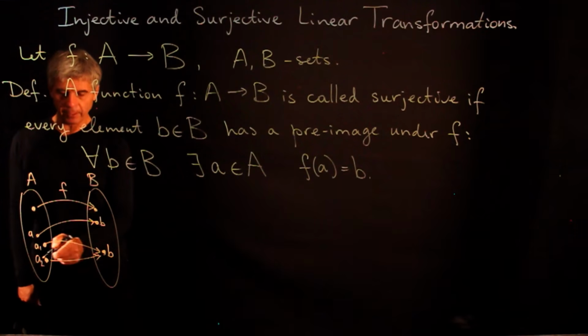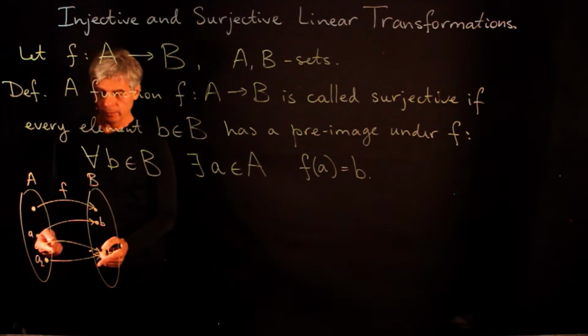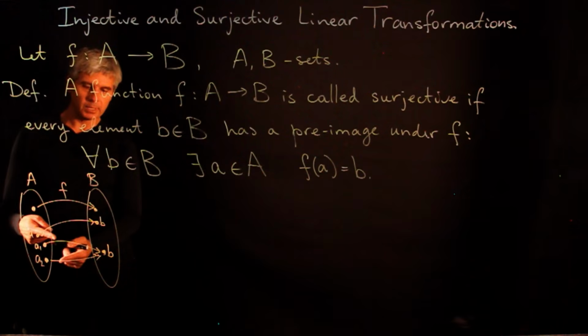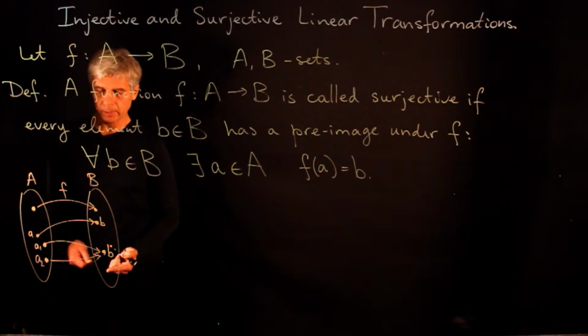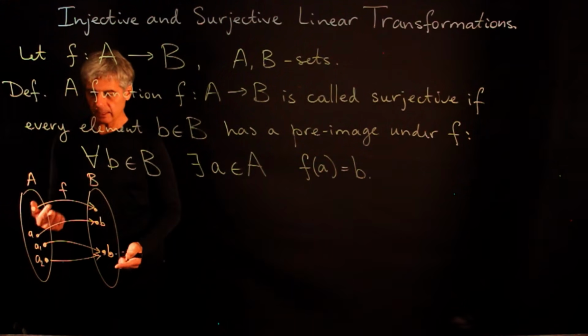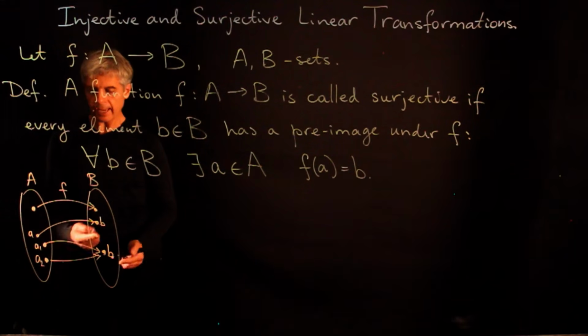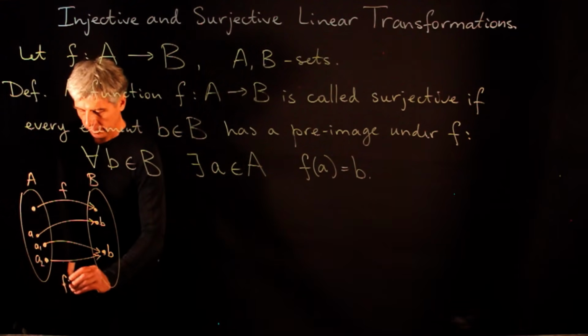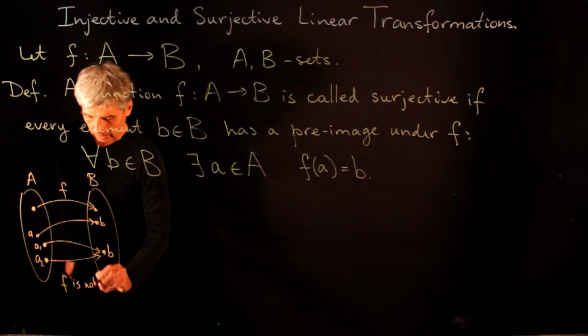So if we have an instance where two different elements are sent to the same element B, just one instance of this diagram tells us that f is not injective.